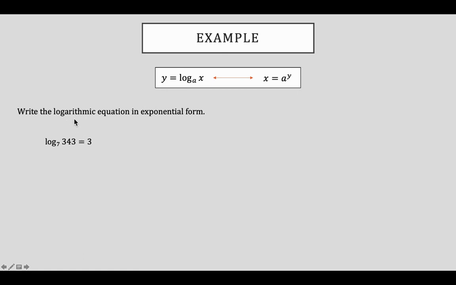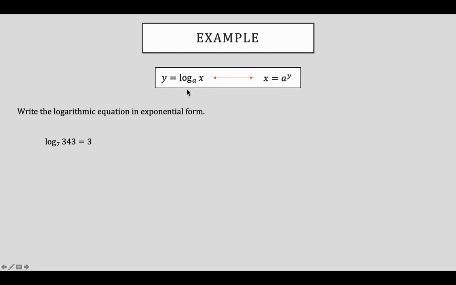Write the logarithmic equation in exponential form. Log base 7 of 343 is equal to 3. Notice, if we want to go from y equals log base a of x to x equals a to the y, the base of the log becomes the base of the exponent.